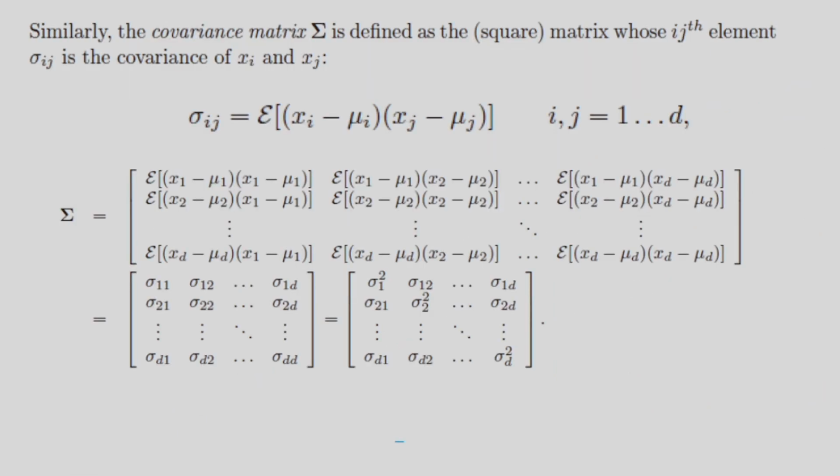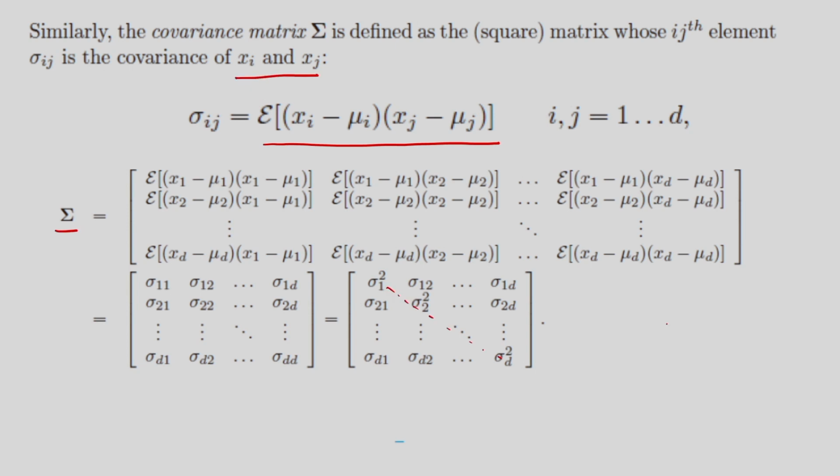So in this slide, you can see how to determine the covariance matrix. The element is the expected value of x i minus mu i times x j minus mu j, that I can determine. That means I can determine the covariance between xi and xj. So this is my covariance matrix.